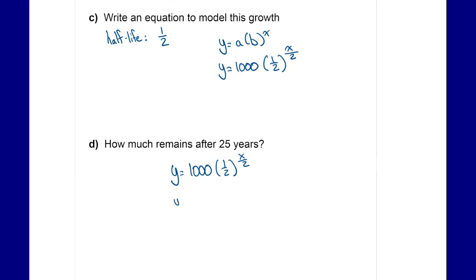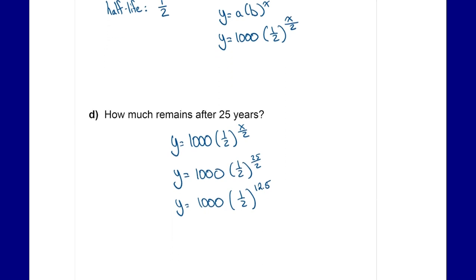So in this case, 1,000 times 1/2 to the power of 25 divided by 2, or y equals 1,000 times 1/2 to the power of 12.5. Because you would argue there are 12.5 half-life periods, or sorry, decay periods, not growth, in 25 years.